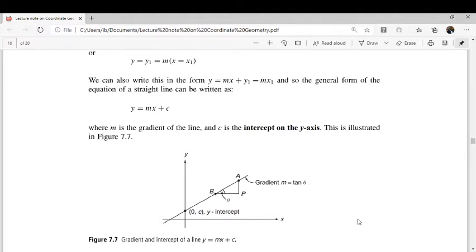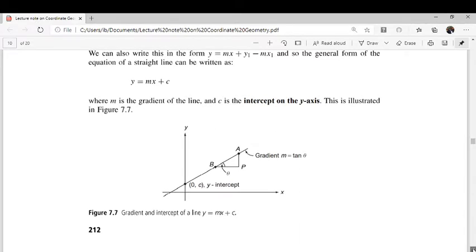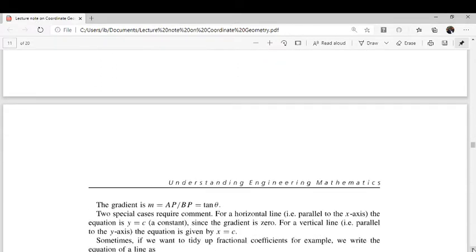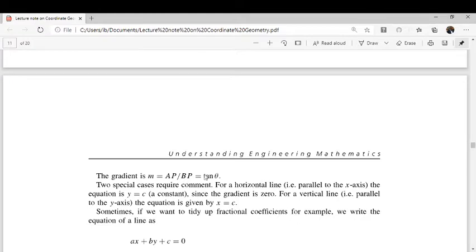And I must also tell you that from the formula of gradient, the gradient of a curve is also the same as tan theta. The gradient is the same thing as tan theta. And so that's why in a horizontal line, the equation, y is equal to c, is constant.